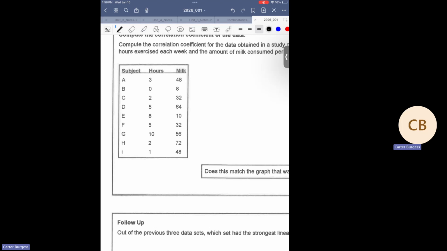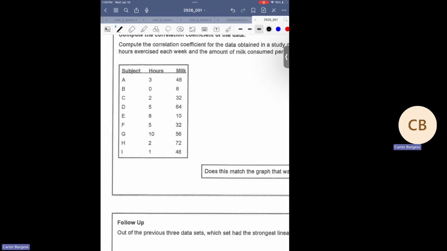Round up. Okay, so what do you use? Yeah, you'll want to use one.